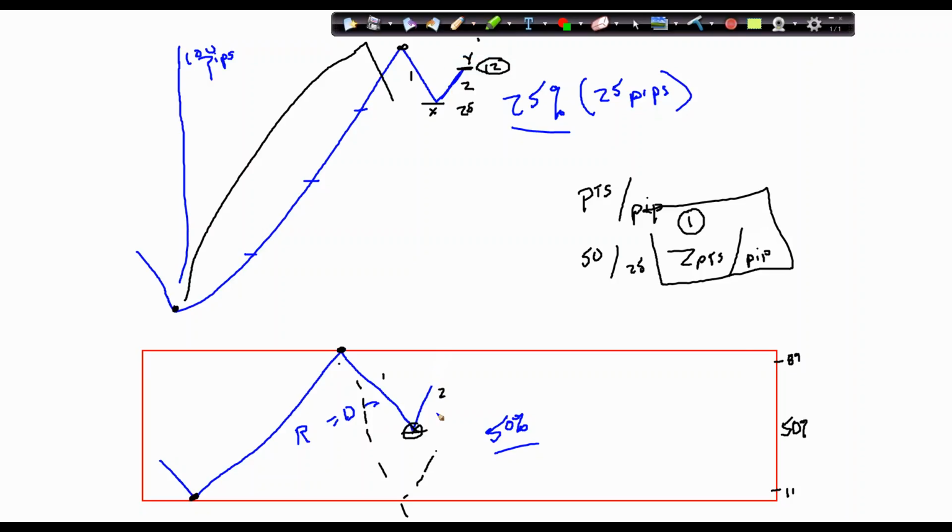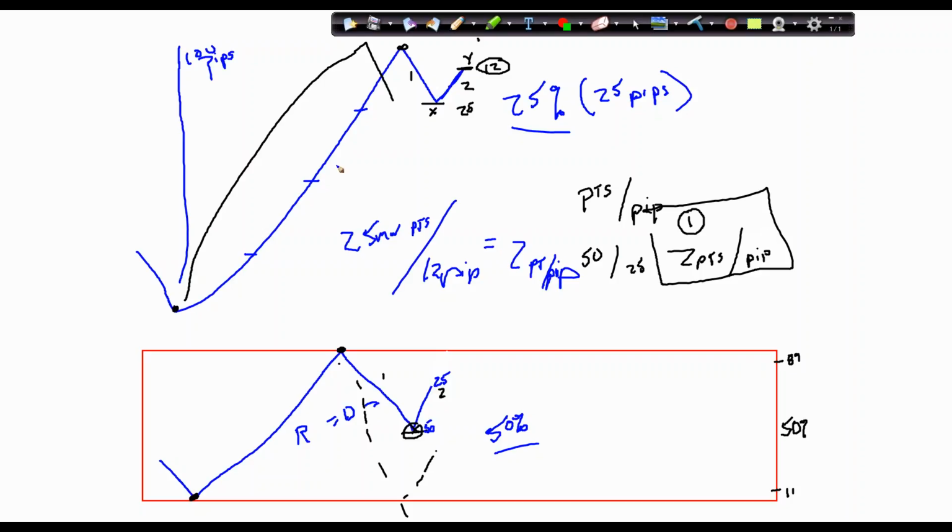Multi-wave went from 50 to 25. So while we can't measure harmonic wave convergence in terms of our typical Fibonacci ways, we can look at it here and say, well, we just moved 12 pips, but we traveled 25 multi-wave points. And guess what we end up with? 2 points per pip.